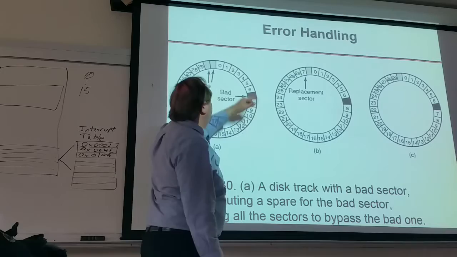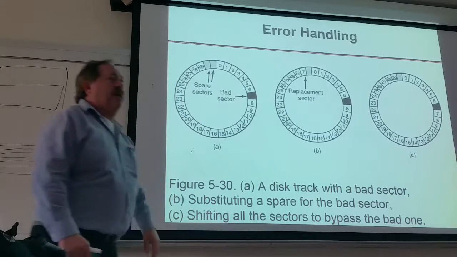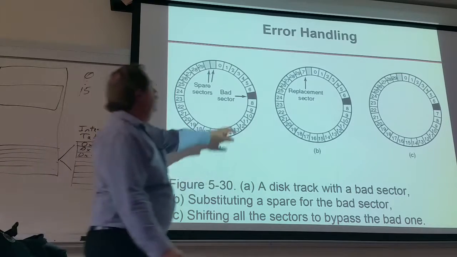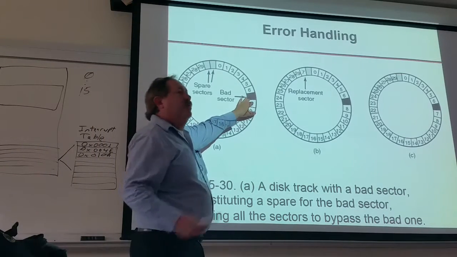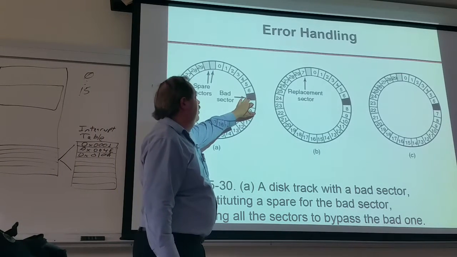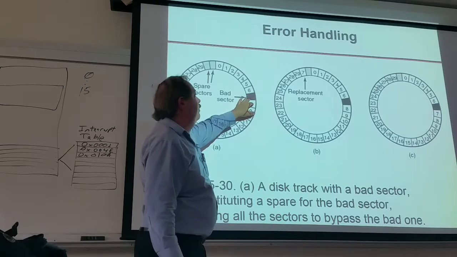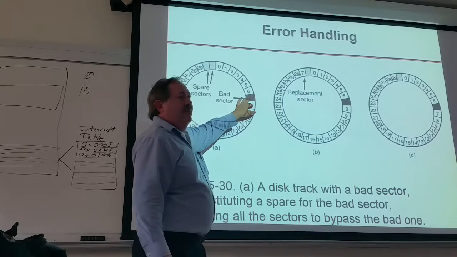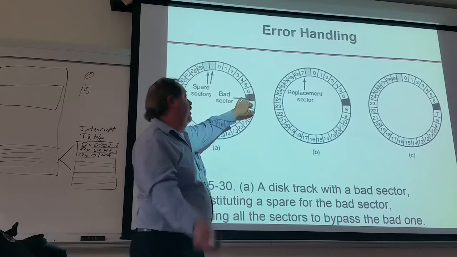And at some point here, I recognize that one of my sectors has gone bad. How do I know that? Well, that's a whole other class. But we determined that one of them went bad. Some number of bytes would not stick and work, and we're getting bad returns. I could never get a successful write in this sector. Okay, so after some number of tries, I determine that's just a bad sector.